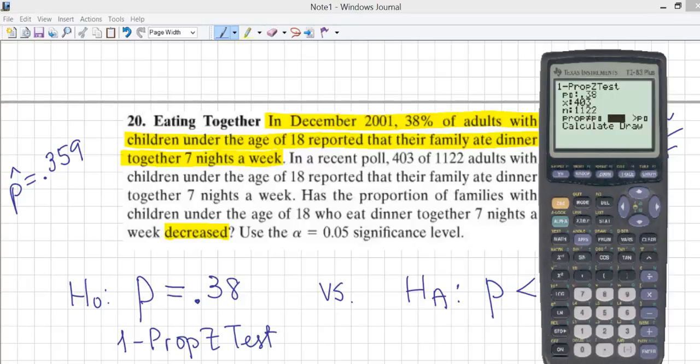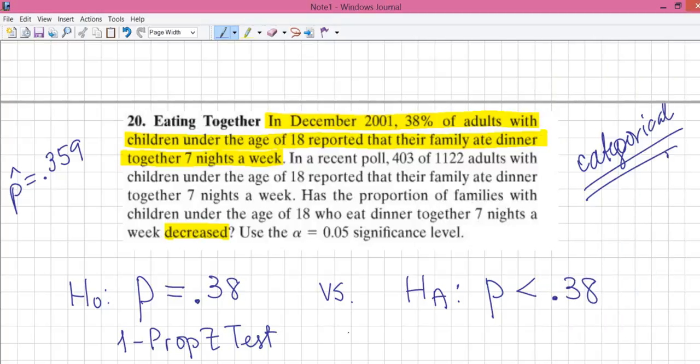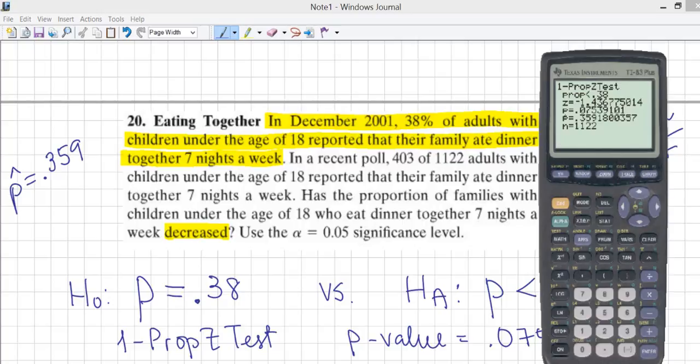So that's P is less than P naught, which is 0.38, right? So P naught is that. So let's calculate. And the P value that we get is 0.0754. Let me just check.